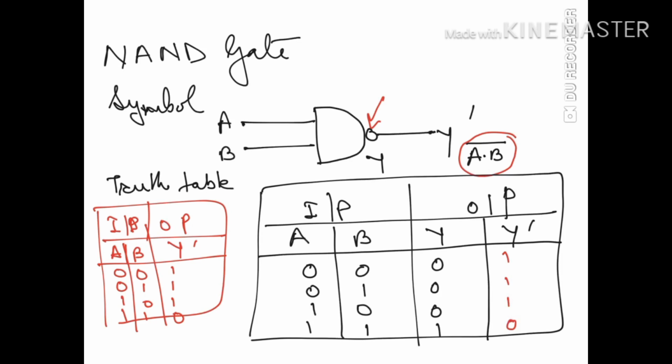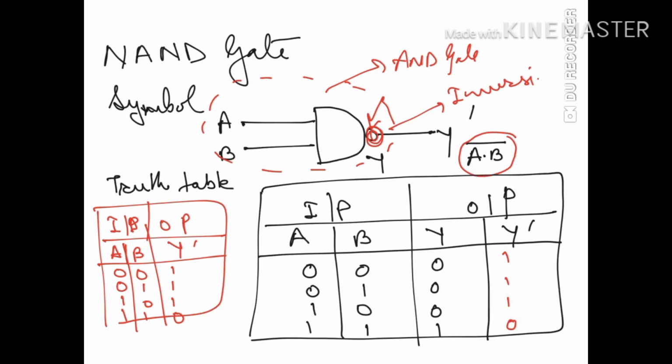See, till here it is an AND gate, and then after this we are inverting. This sign represents inversion. The output of a NAND gate is high if any of the inputs are low. So this is what the NAND gate is about.